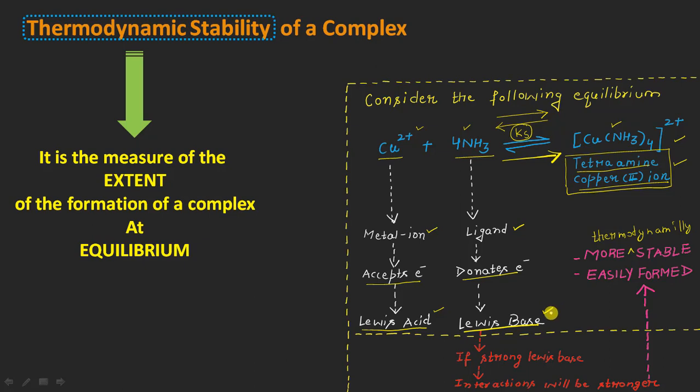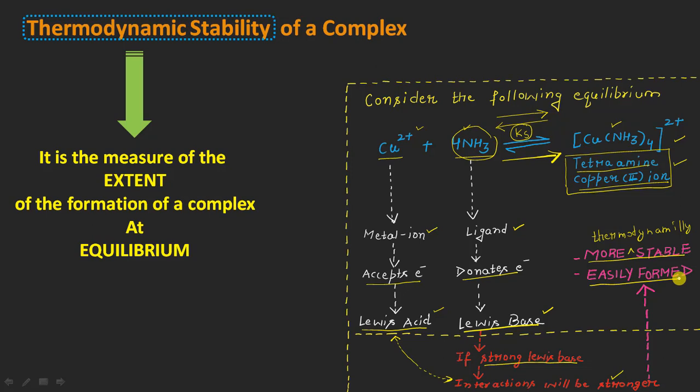And obviously, if the Lewis base, I mean this ligand here, is a strong ligand, let us say a strong Lewis base, the interaction with this Lewis acid will be quite stronger, such that it will result in the formation of some complex that will be more thermodynamically stable, and that will be formed very easily, right?